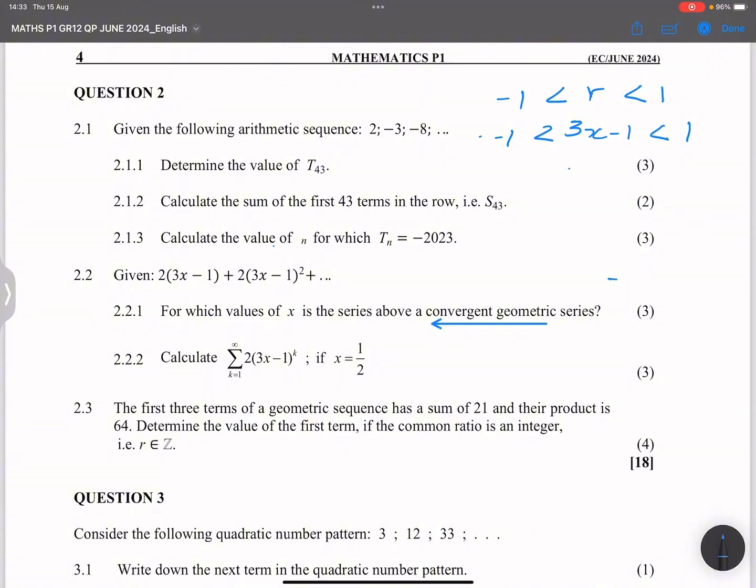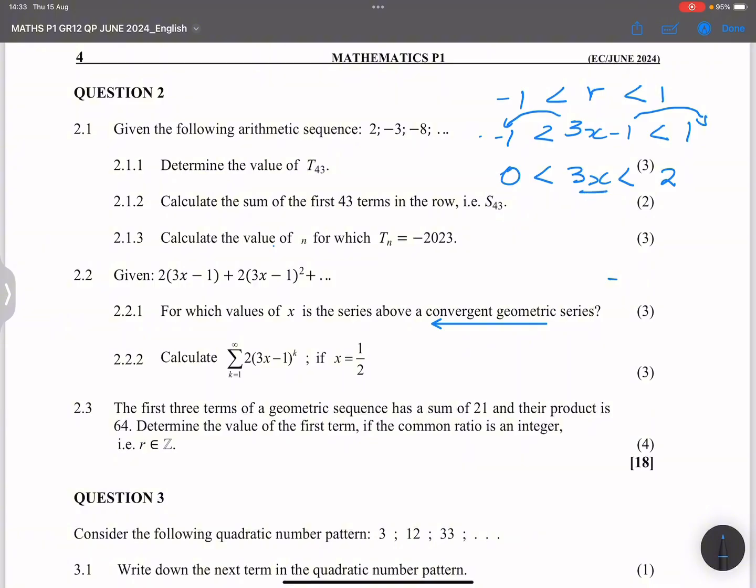To work that out, I take the 1 to the other side, but remember I also do the same on the other side. So 3x is less than 1 plus 1, which gives 2, and greater than negative 1 plus 1, which gives 0.